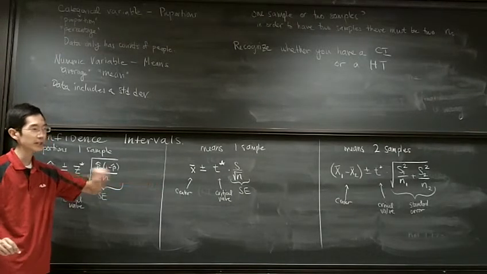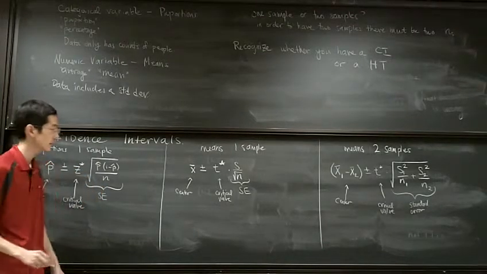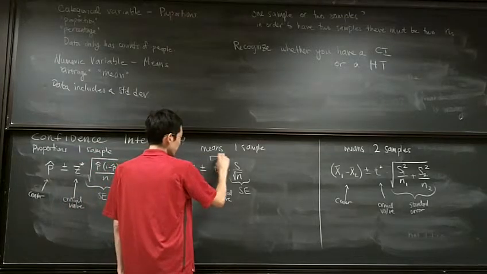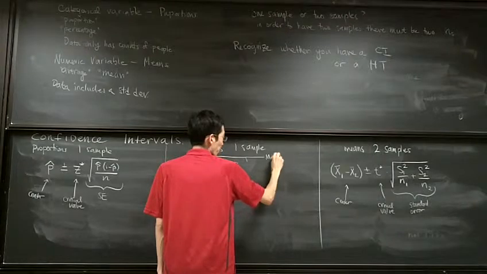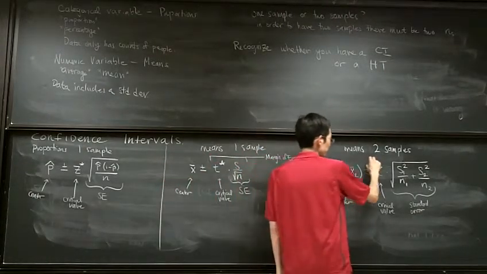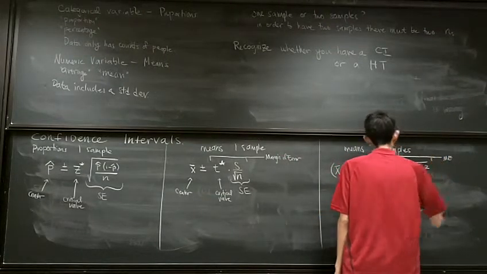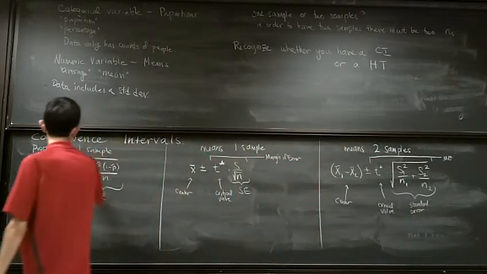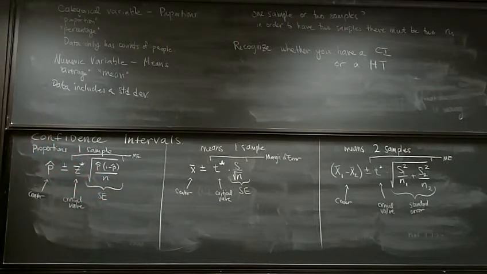If you take the critical value times the standard error, that's called the margin of error. So if we ask the margin of error, it's this part over here. That's just labeling the parts.